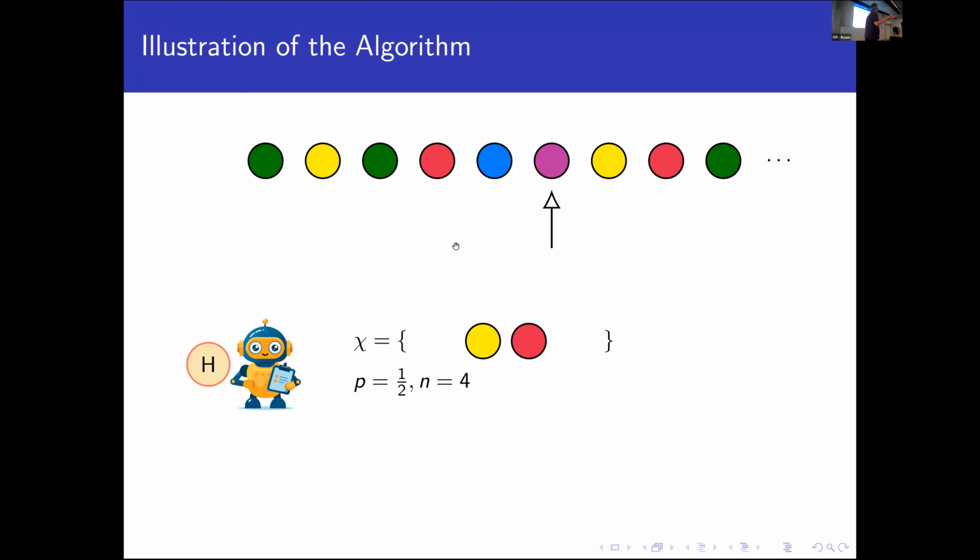Now it's heads with probability 1/2 or tails with 1/2. In this case, it's still heads, so it will add it. Then it does the same thing. It makes a coin flip, and in this case, it becomes tails. So it will actually remove it from the buffer because we want to keep a sample with probability 1/2.